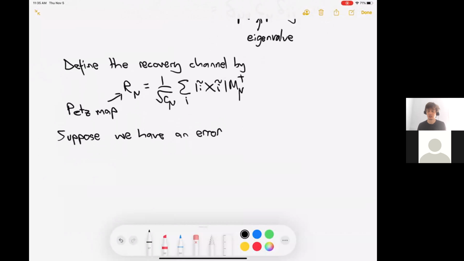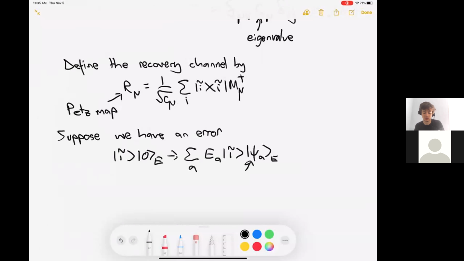Okay, we're not going to assume it's just a single error EA. We're going to allow it to be a superposition of different errors. We're going to allow it to decohere in the environment. So the most general thing that's allowed to happen is that we have the state I, the environment starting in the 0 state, goes to a sum over errors of EA acting on I tilde, tensor some state psi A of the environment that is in general not normalized.